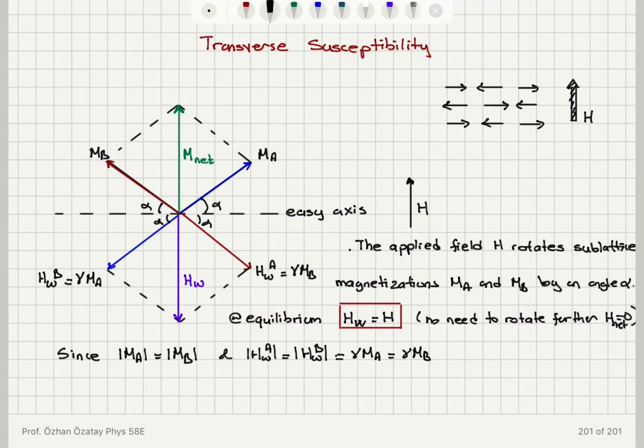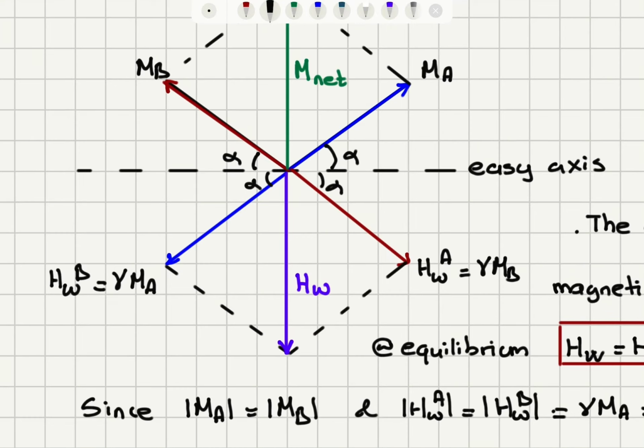It's the same thing. Then if I write the total molecular field, I have the component of the molecular field acting on B along the z-axis, which will be gamma MA sine alpha.